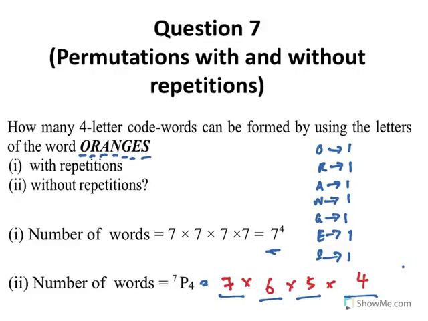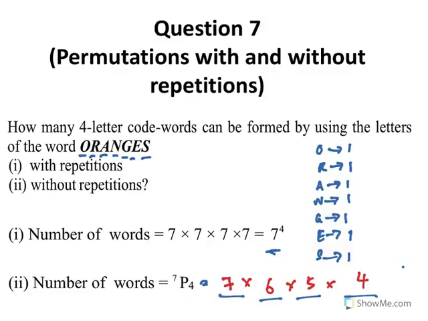So, learning point for this question: you must understand what is with repetition and what is without repetition. With repetition means I choose it, and I can choose the same one again. With that, take 3 minutes to try question 8.